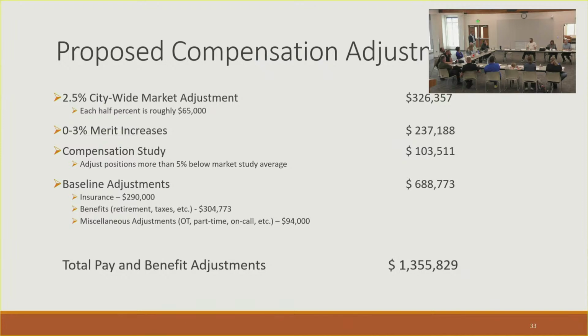The question is, by dropping that percent, how many people, to Jason's point, will now fall below because of everybody else's increases? I don't know. Are you suggesting we take 0.5% or 1% off and use that to adjust those people and see how far it goes?